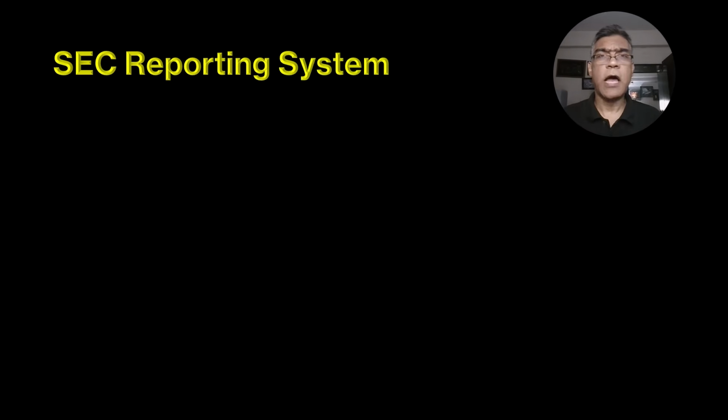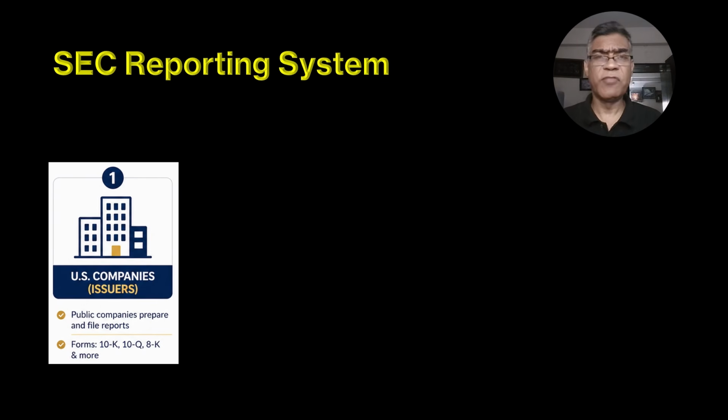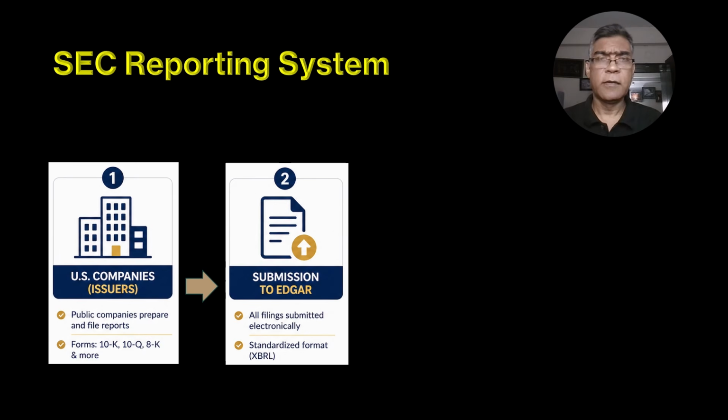Now, let's look at how the SEC reporting system works, step by step. It starts with US companies, also called issuers. These public companies prepare and file reports such as the Form 10K, Form 10Q, and Form 8K. Next, these reports are submitted electronically to EDGAR, which stands for Electronic Data Gathering, Analysis and Retrieval, the SEC's online filing platform. All filings are submitted in a standardized format called XBRL to ensure consistency and comparability.